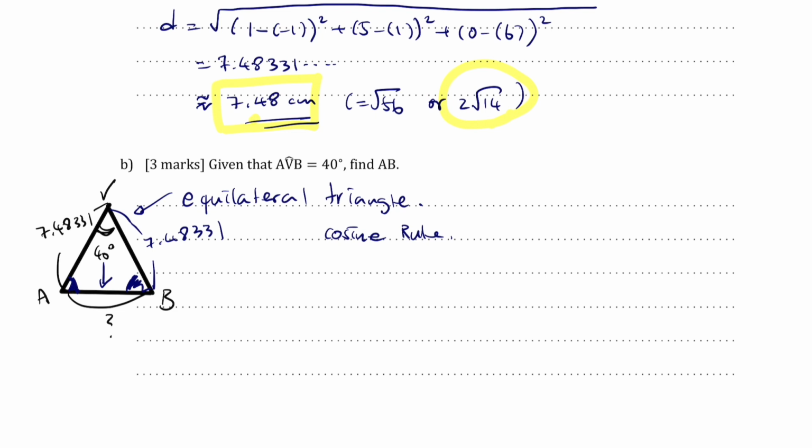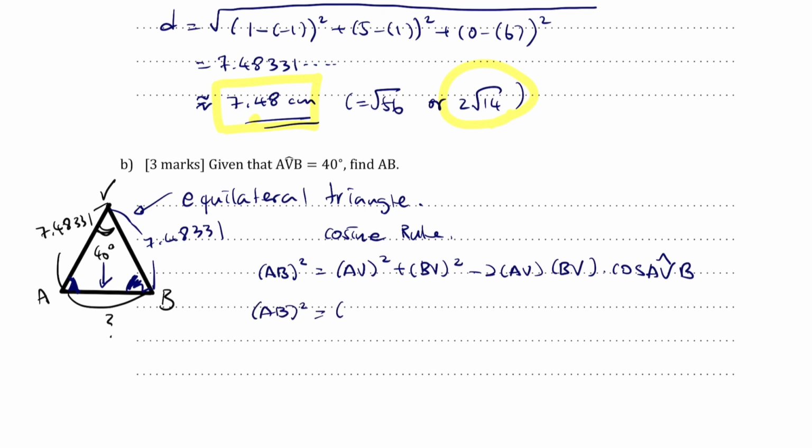So we can do AB squared is equal to AV squared plus BV squared minus 2 AV times BV cosine angle AVB. Then substituting the corresponding numbers will give us something like this.